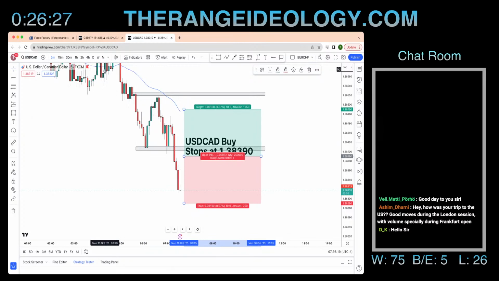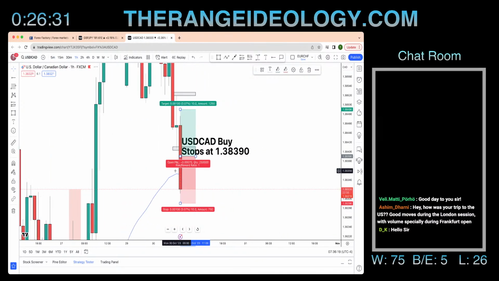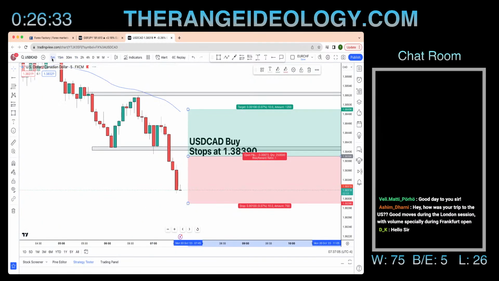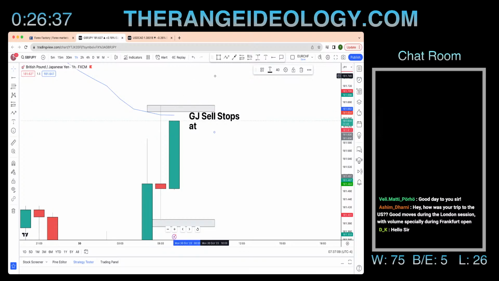The 1 hour tap down here for USD CAD happened pretty strongly here. And again, I'm looking for that reversal from USD CAD. At the same time for GJ, I'm looking for that push above first. A strong push above, create a wick on the upside. At this point, the sell stops would be entered.